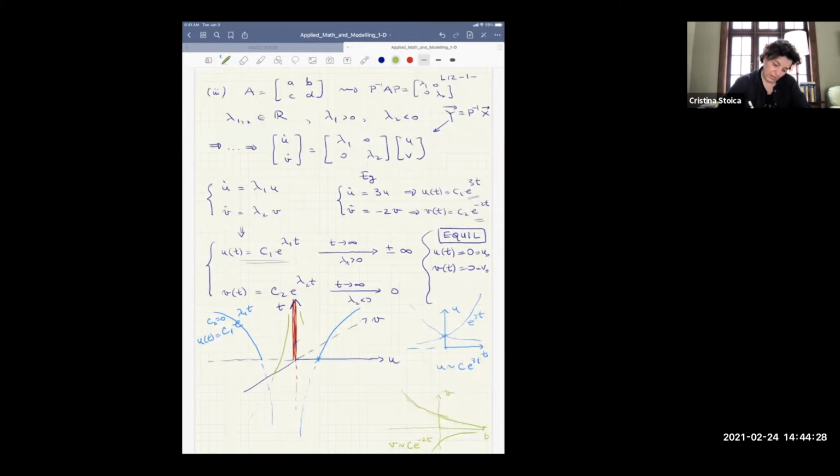All I'm doing here is trying to understand the dynamics in 3D. I repeat, these green curves correspond to the case C1 is 0, and v of t is then something like C2 e at lambda 2 t.